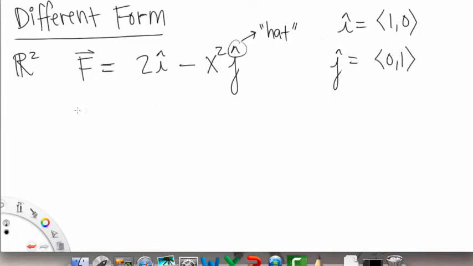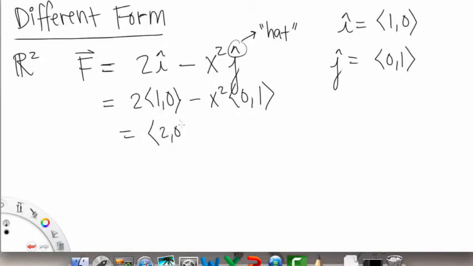Basically, I'll solve through a little bit just to show you what's going on here. If we replace i with this coordinate and the j with the other coordinate, when we distribute in, we get 2, 0 minus 0, x squared, which equals, when you do vector subtraction, 2, negative x squared.